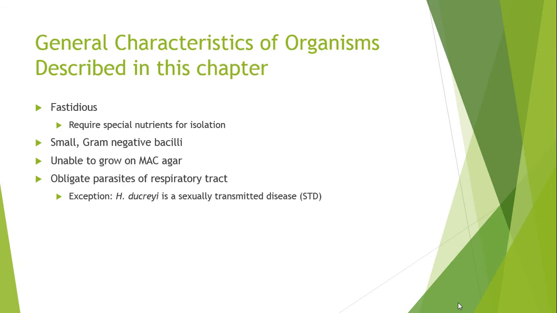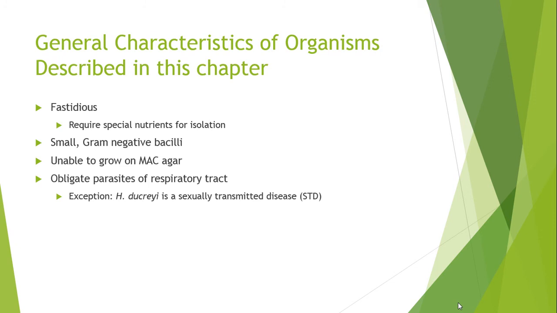So some general characteristics about these organisms. They're fastidious. They need special nutrients in their media in order to grow. They're small gram-negative bacilli. We'll talk about other gram-negative bacilli that are big, like boxcars, boxy, real easy to see. These are unable to grow on McConkey agar. They're gram-negative bacilli, so they should grow on McConkey agar, but they're fastidious.